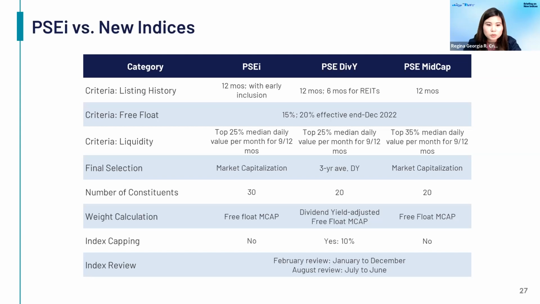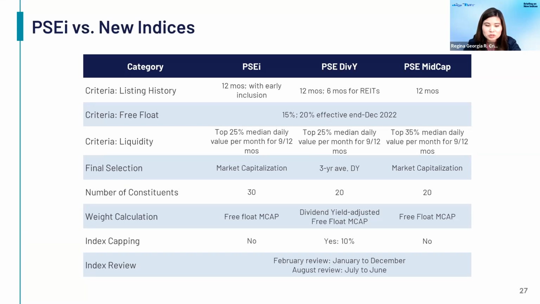In terms of index weight calculation, both PSEi and PSE MidCap Index use free float market capitalization, while the PSE Dividend Yield uses dividend yield adjusted free float market capitalization. In terms of index capping, the index weights are not capped for the PSEi and PSE MidCap Index, but for the PSE Dividend Yield Index, the index weights are capped at 10%.